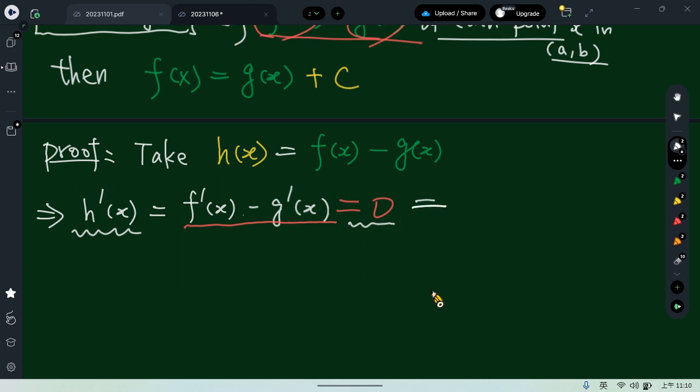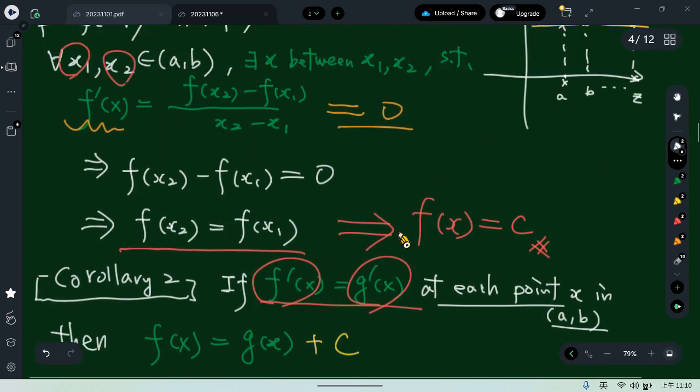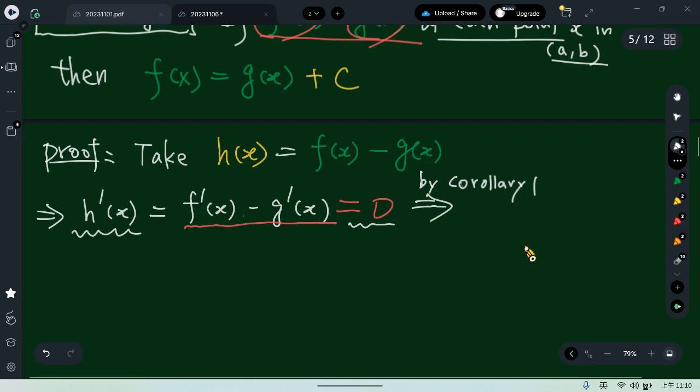So based on corollary 1, just this one, if its first derivative is 0, we can say it should be a constant, right?